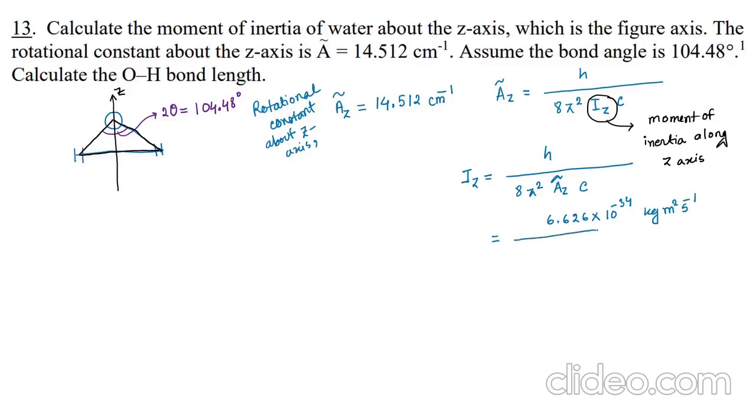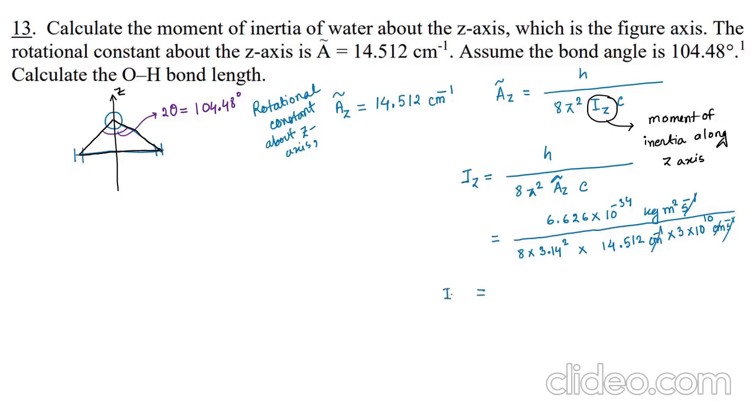This is a better unit to work with so that I can show you how I can cancel with other units, right? This is 14.512 centimeter inverse, and to cancel this I need to take my speed of light as 10 to the power 10 centimeter second inverse. Second inverse gone. Centimeter inverse gone.